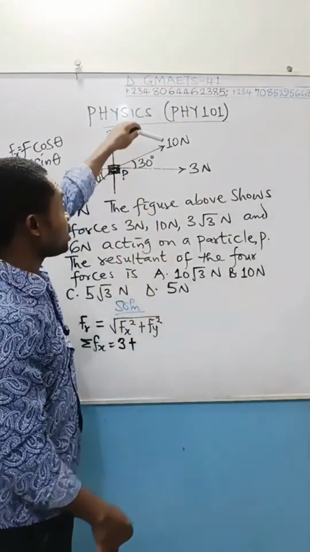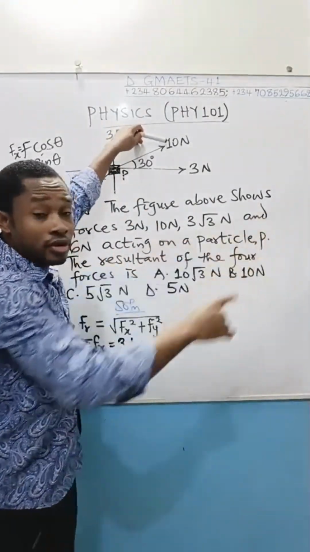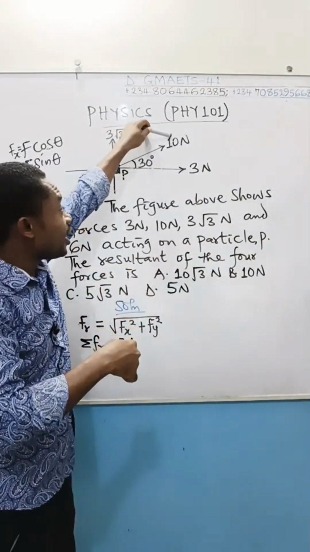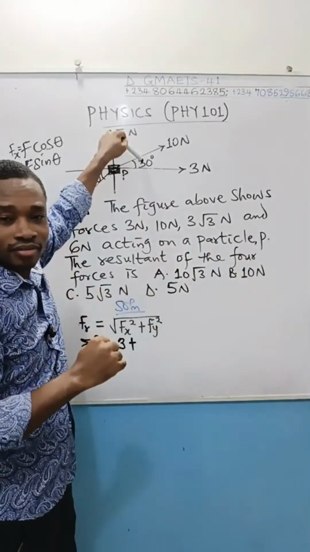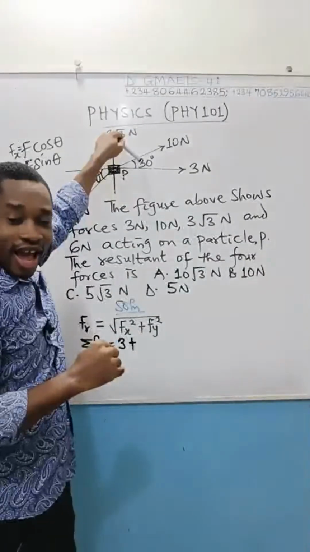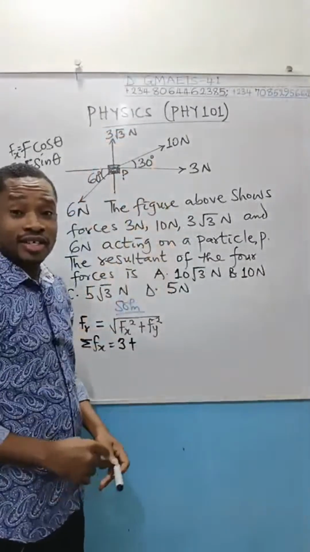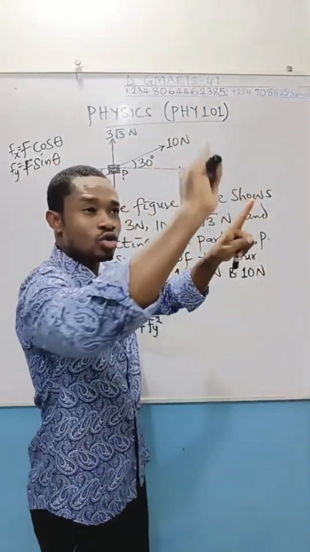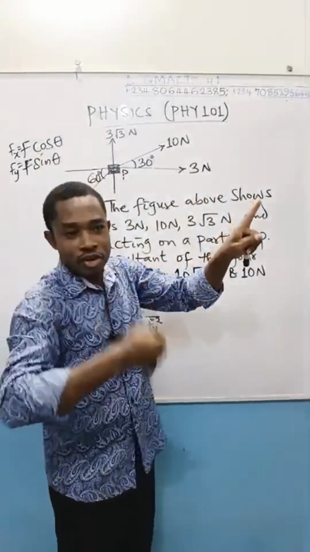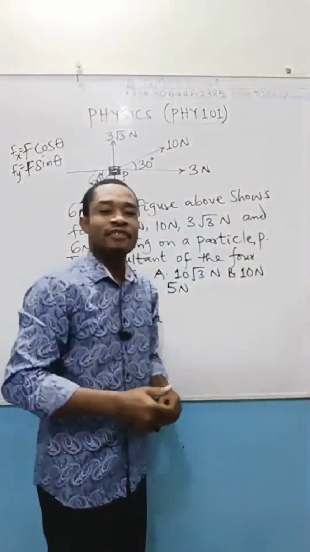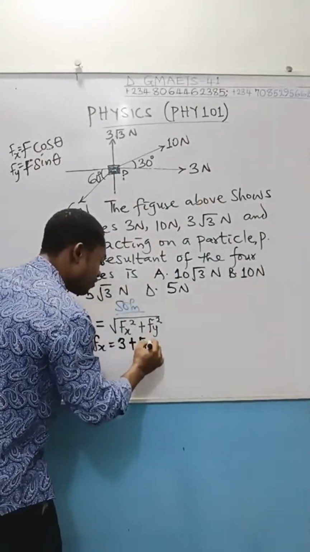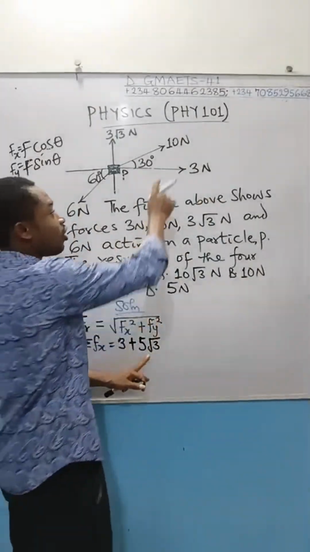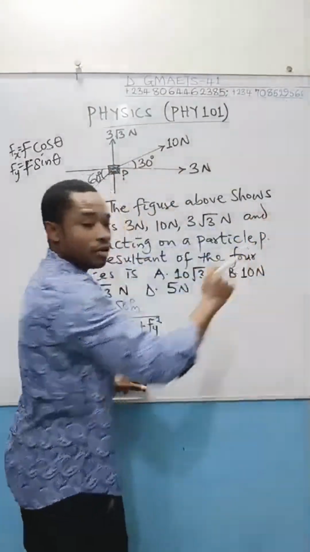Do not forget, this force, if you resolve it along the horizontal, is going to be 10 cos 30, and cos 30 is square root of 3 over 2, like I said. Now, let us work it out. 10 times square root of 3 over 2. The 2 will divide 10 to give you 5. So we are having 5 root 3. This is the value of this force along the horizontal axis.